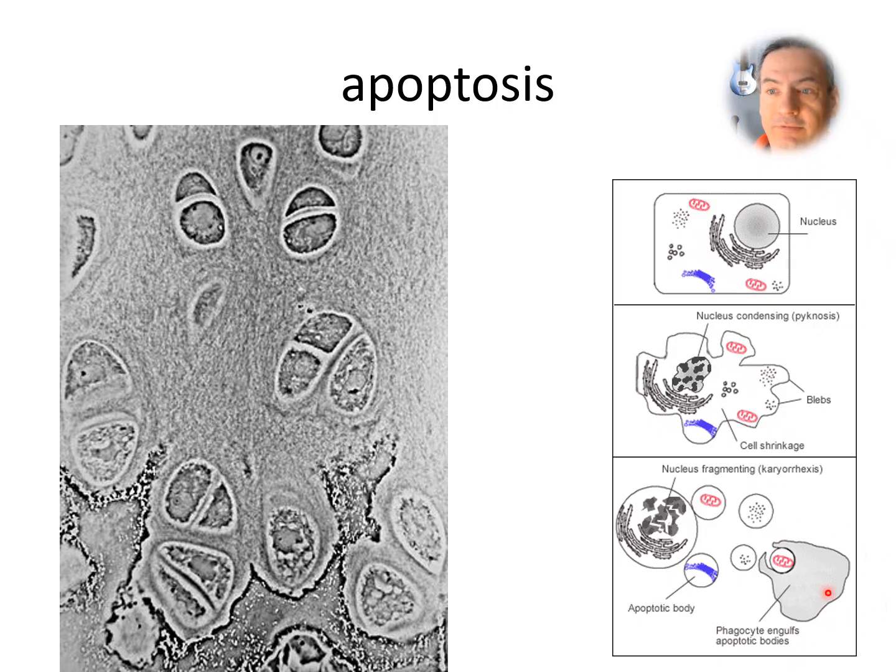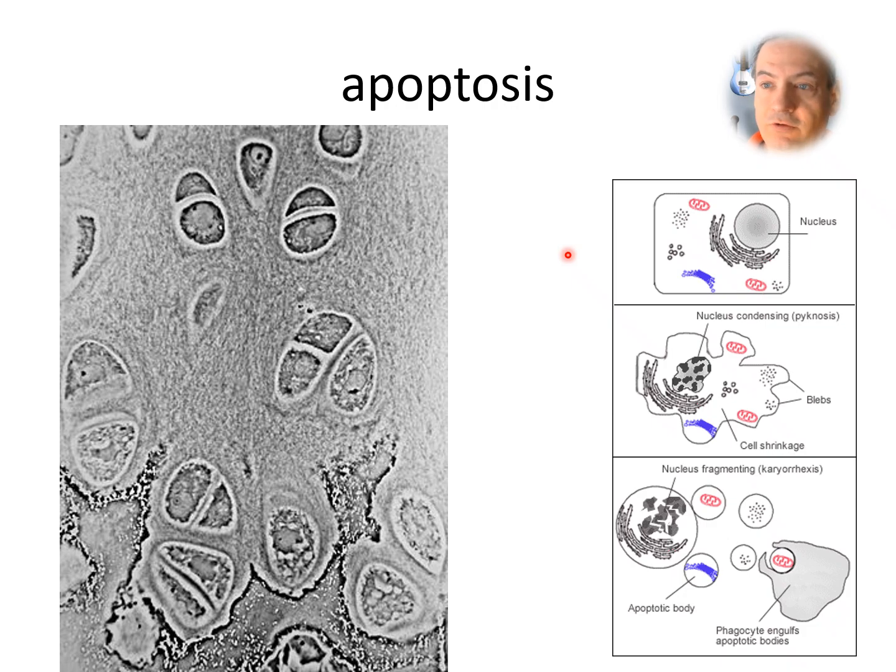Now, this is a good thing, because if the cell is damaged by a toxin or a foreign invader or something like that, if you shut it down, it's not going to continue to do damage. So for example, if this cell was affected by something that changed an enzyme, so now it's creating ROSs, those ROSs could then move to other cells in the local area and cause more damage.